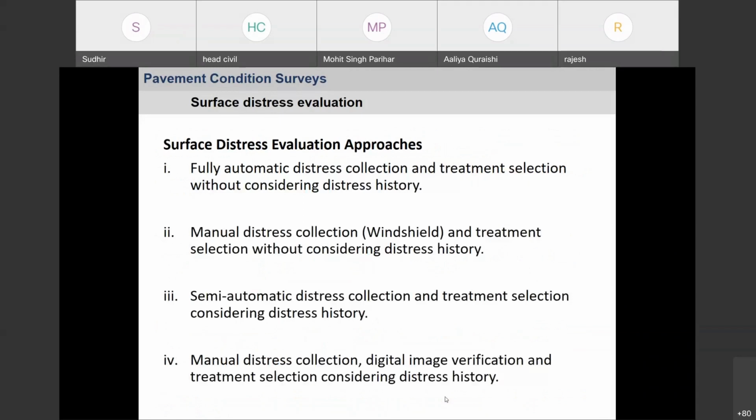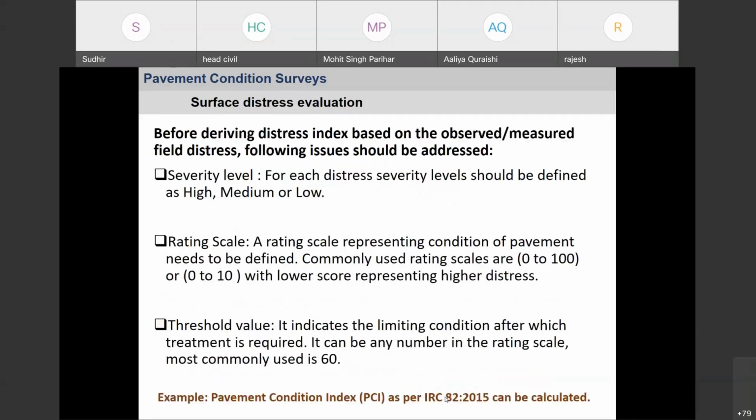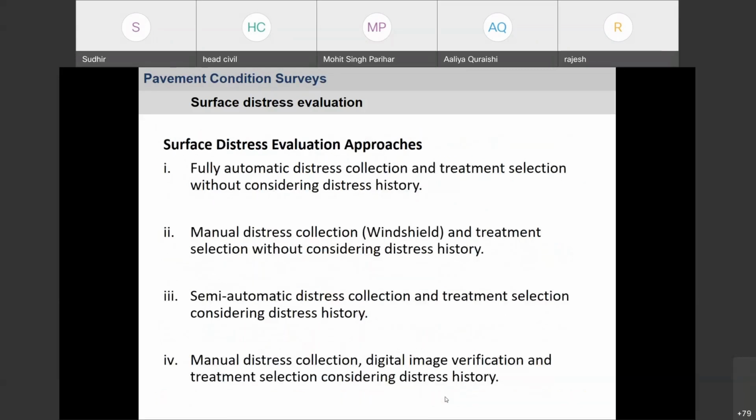Now you have obtained these field distresses. You have collected the raw data and you have also processed it to obtain distress indices, let's say in terms of pavement condition index, PCI, or depending on which guideline you are using, whatever index you have calculated based on the raw data.